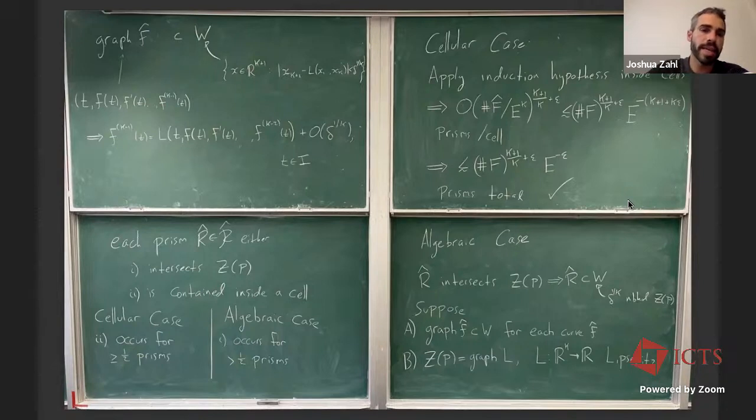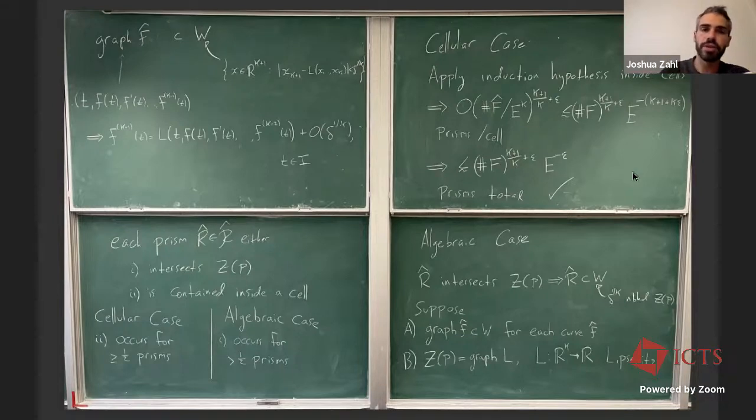It's saying that the (k+1)th derivative of f at time t is a Lipschitz function of the time and the previous derivatives up to some error, delta to the 1 over k. And that's an interesting situation, right? It's saying that all of my functions satisfy the same ODE up to small error.